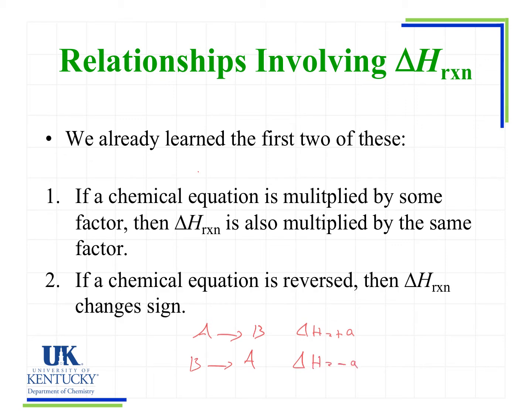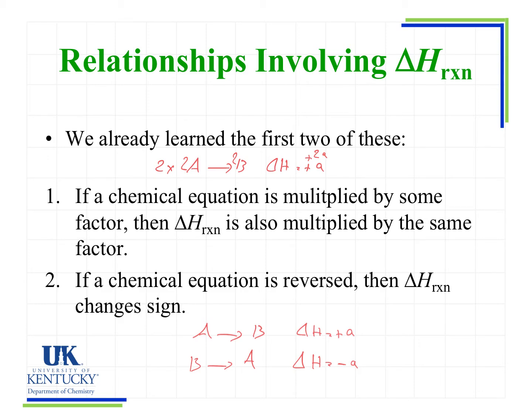And the first example, if you have A gives you B, the delta H is plus A. If you multiply it by 2, so now you have 2A gives you 2B, and the delta H is plus 2A. Okay, if you do both of them at the same time, maybe you have to flip it and multiply it by 2.